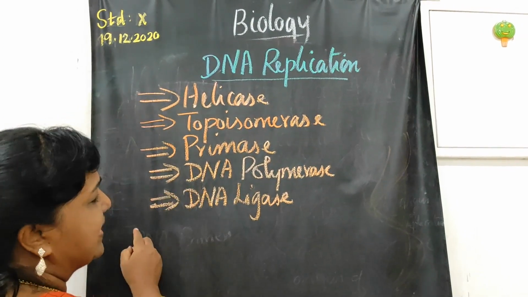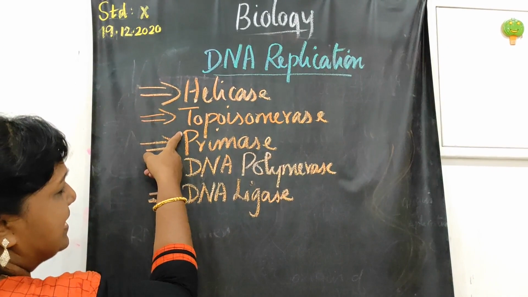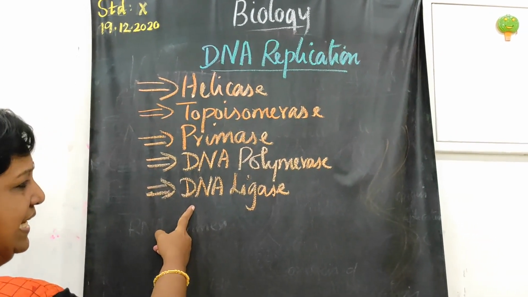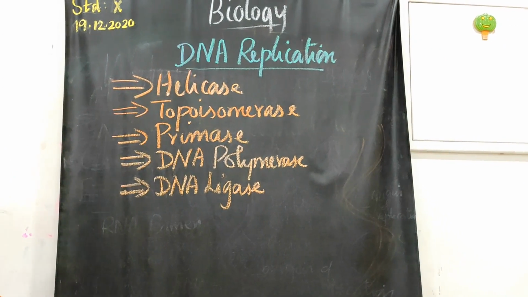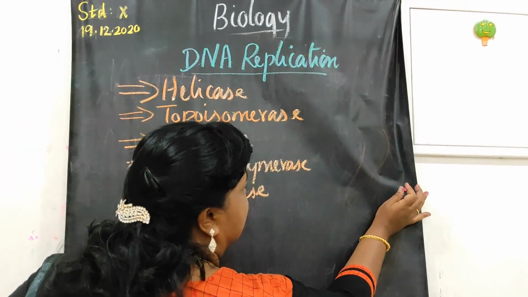So what are the 5 enzymes involved? Helicase, topoisomerase, primase, DNA polymerase and DNA ligase. Here we know that the DNA is a double strand structure, isn't it?